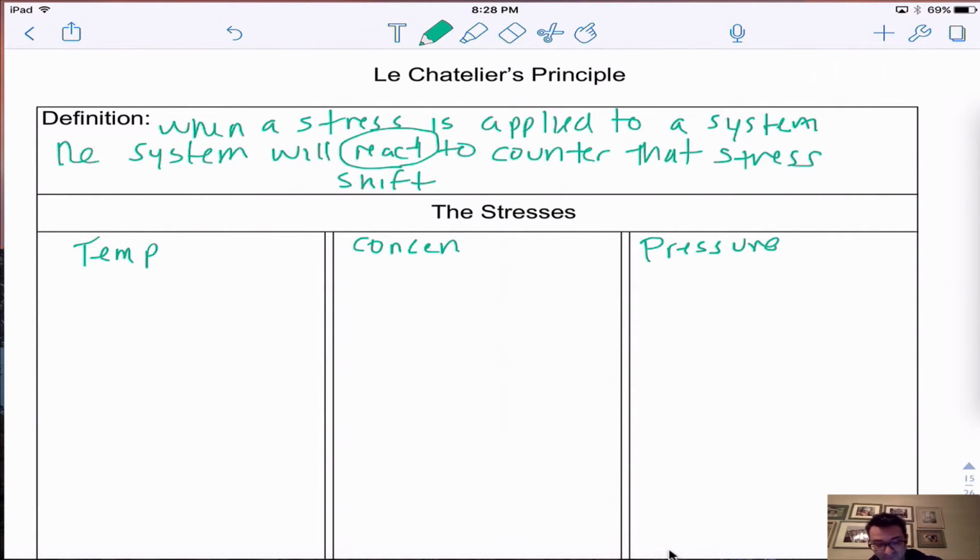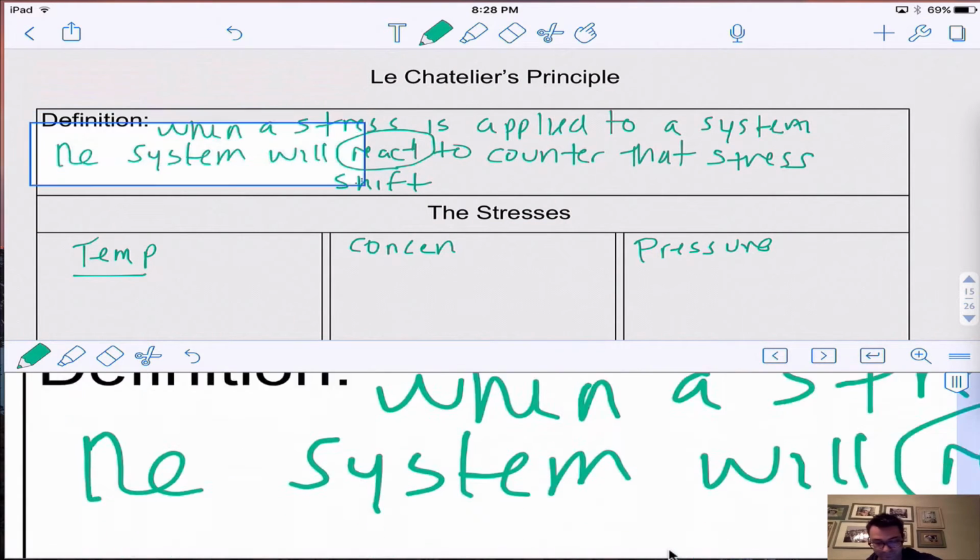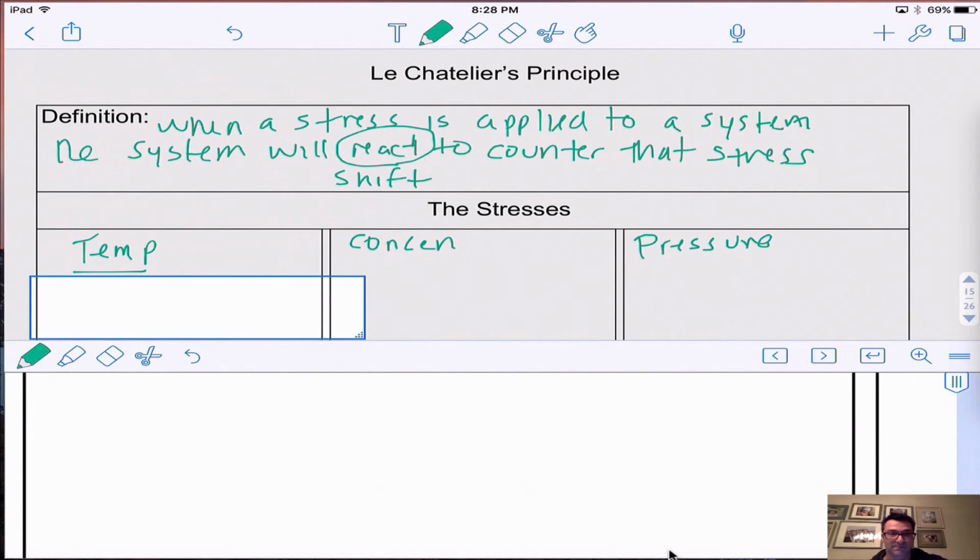So I wrote temperature first, so let's start with temperature. I'm actually going to zoom in here so that I can write more for you in a small amount of space. So let's increase the temperature first.